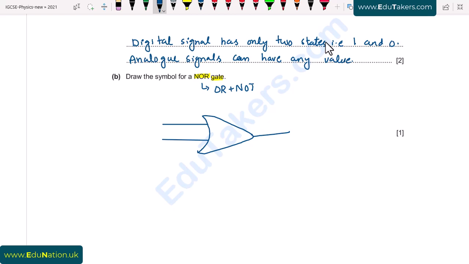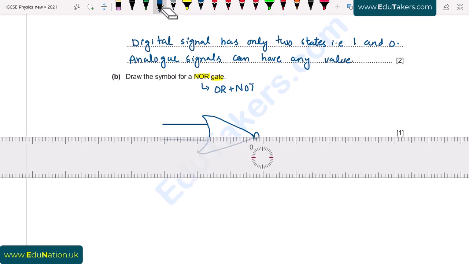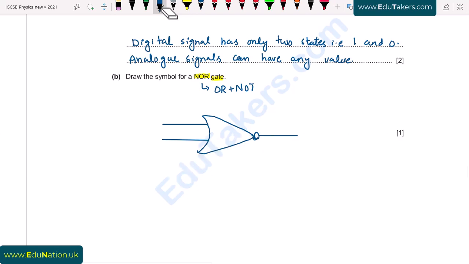But when we have to apply NOT gate over it, we just place a bubble sign here and then we take output. So here if I consider that this is A input and it is B, the output will be X, and it is equal to A OR B, and I have to apply NOT over it.